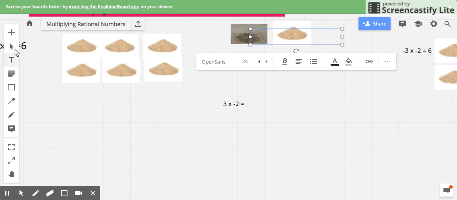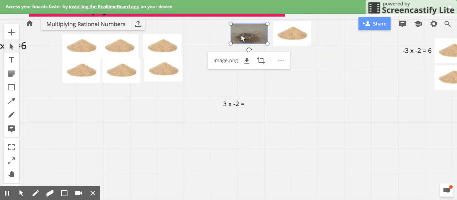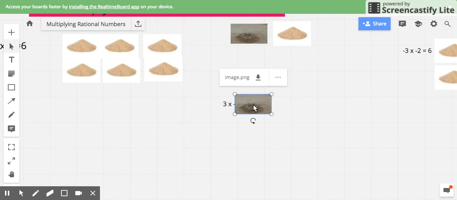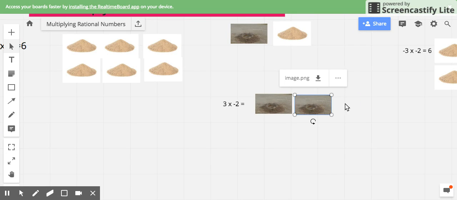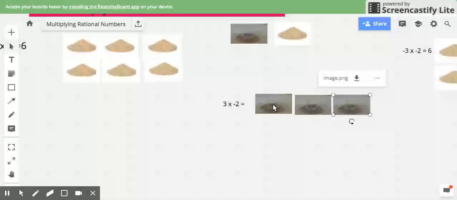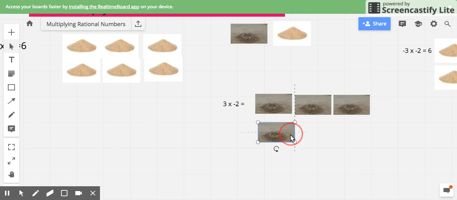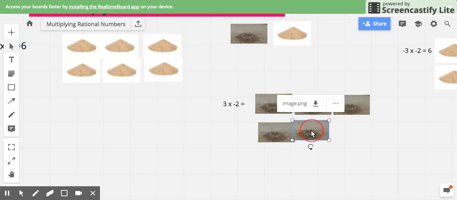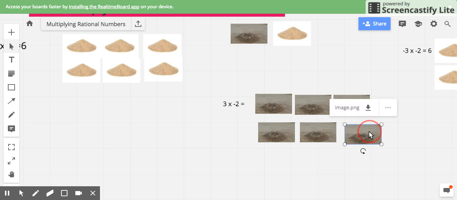So I'm going to try to copy it and paste it. And there's a hole. Let's see if I can get another hole. That is the opposite of 1 group of piles, which is holes. And I'm going to do it again because it says the opposite of 2 groups. So here's my second group of holes, and boom.